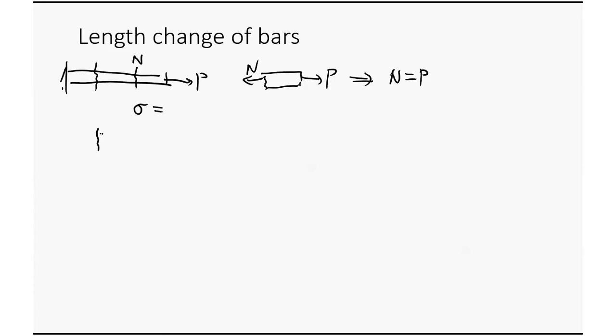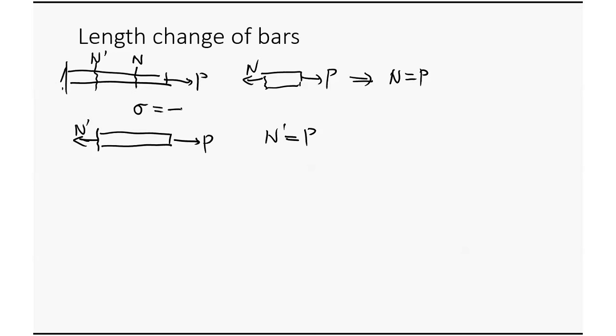Now, what about here? You draw this free body. P is here, so your N prime is here. Let's call this one N prime. Now, what's N prime? From the equation of equilibrium, it equals P. So now N equals N prime. Yes, okay. What does that mean?